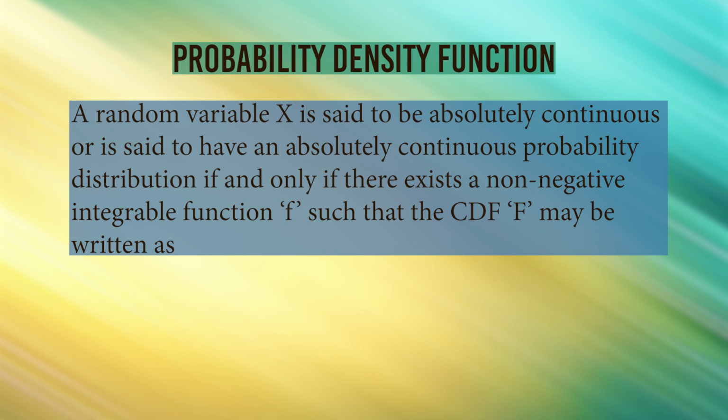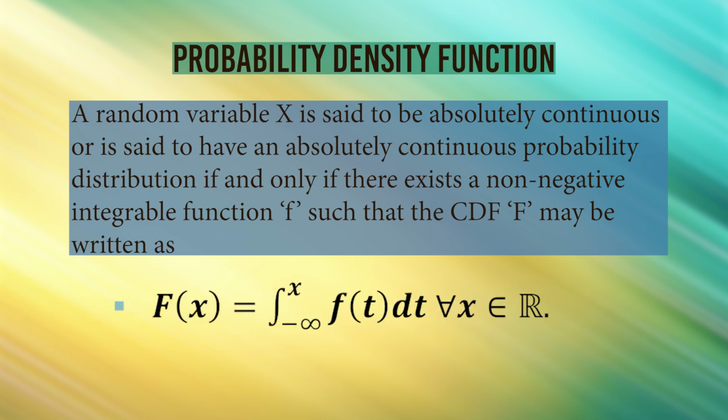So if and only if there exists a non-negative integrable function f, small f, such that the CDF F, we have already defined CDF, the CDF F may be written as F(x) equals integration from minus infinity to x of f(t) dt, where x belongs to the set of real numbers. So this small f is the PDF, and this PDF has definitely a relation with CDF, because by integrating the PDF we get the corresponding CDF. So this is to be remembered.